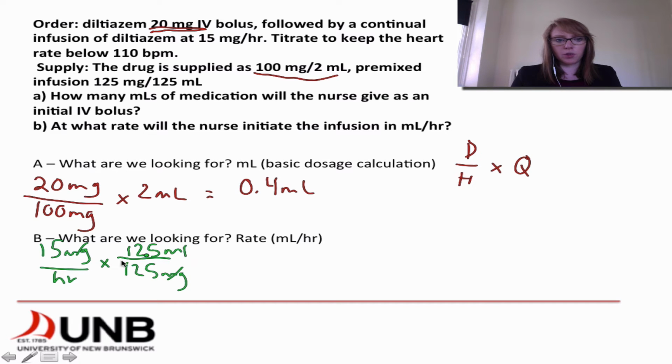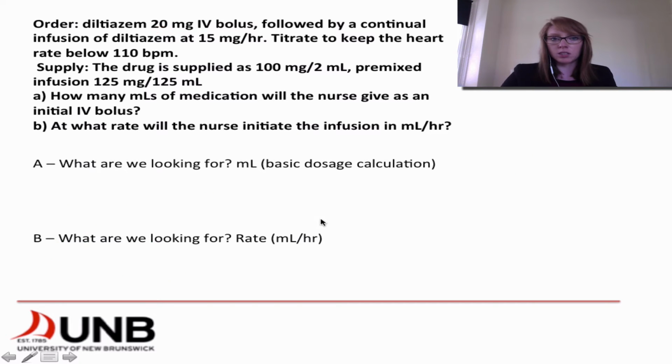So this way we're going to be left with mL per hour. And when we do our math here, also if you're paying close attention, you know that 125 over 125 is going to be 1. So we're going to be setting this rate at 15 mL per hour to give our 15 milligrams per hour. So that's question 1.